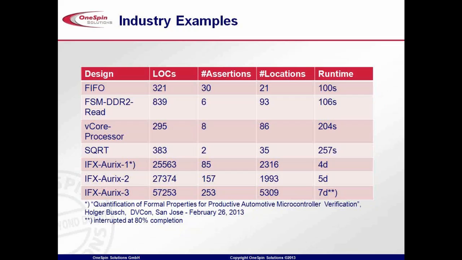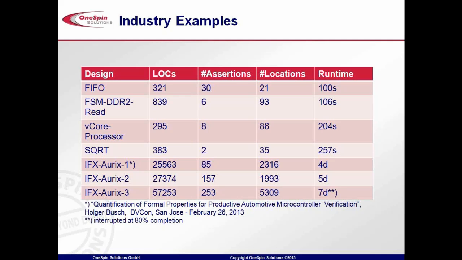Okay, and then some examples that one of our colleagues ran in the tool. So let's look at, I don't know, this FSM of DDR2 read. You have 800 lines of code, 6 assertions and 93 locations.